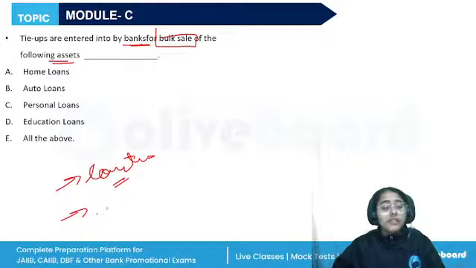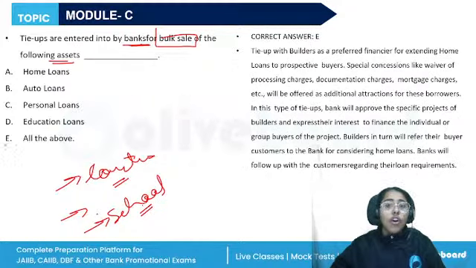In case of personal loans, education loans as well, the schools or the colleges that are organizing any event for the induction of the students, there the banks can set up their kiosks. So the correct answer will be E, all of the above, right?